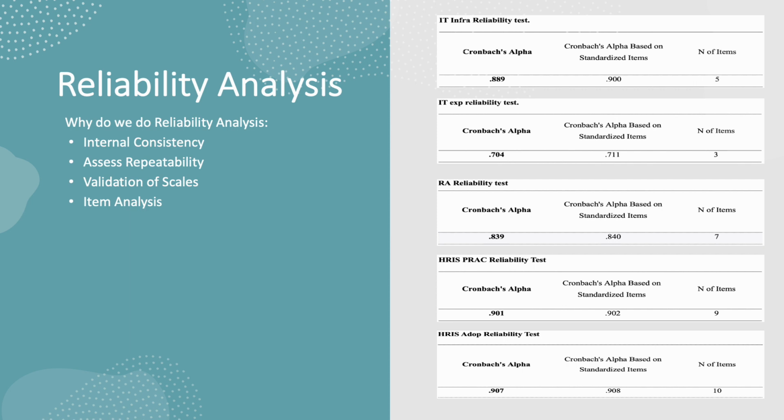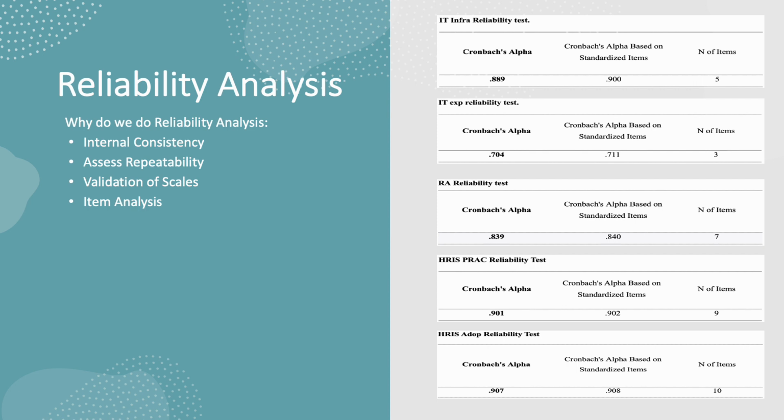So if we look at assessing reliability, reliability analysis helps to understand if the same set of items, which is the questions in the survey, if given to the same respondent at different times, would yield similar results. This assesses the consistency of the measure. The next one is validation of scales.